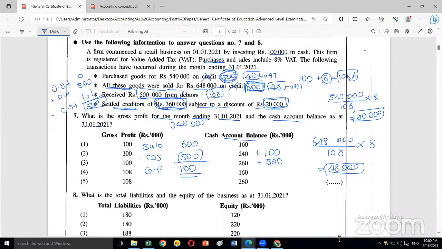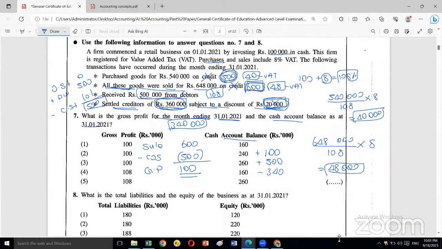When I am paying this, I got a discount of 20,000. So how much would I have actually paid? From 360,000, minus a discount of 20,000, I would have paid 340,000. So when I am paying 340,000, my cash balance is reducing by 340,000.